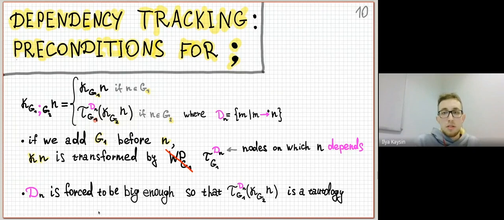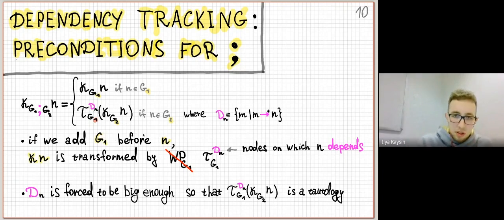It means that there are a lot of incoming edges to our vertex n. So this is the mechanism. This is how we enforce the dependency edges, by requiring all the kappas be tautological.